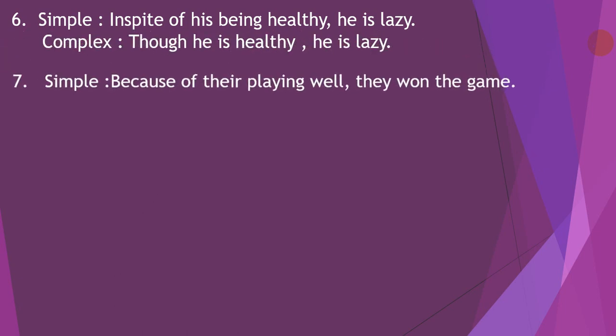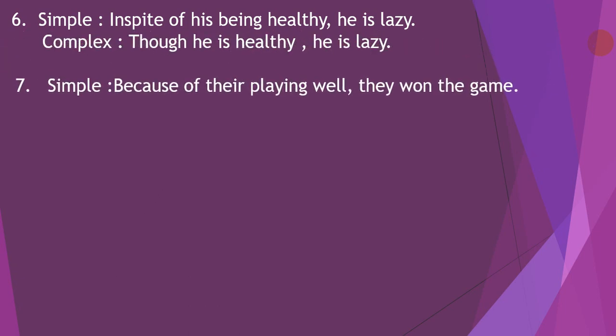Number 7. Simple sentence: Because of their playing well, they won the game. Rule: If the simple sentence is done by adding the phrase "because of", "due to", or "on account of", it will be transformed into a complex sentence by expanding the phrase into an adverbial clause.